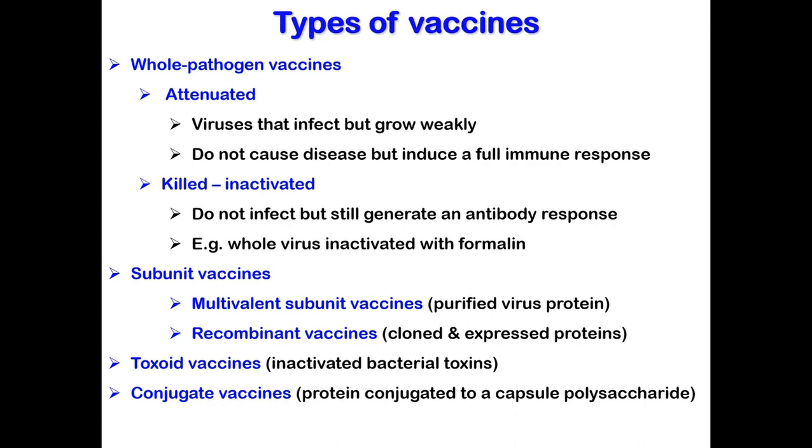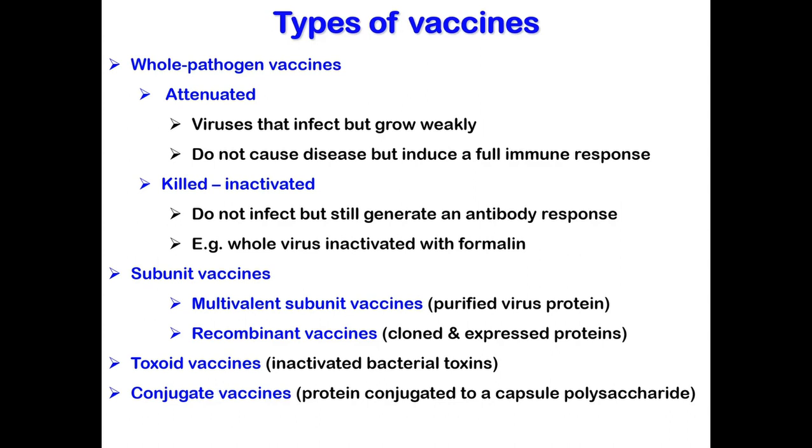So now if we look at subunit vaccines, in contrast to the whole pathogen vaccines, the subunit vaccines only expose the patient to the key antigens of the pathogen, not the whole cells or viruses. And these subunit vaccines can be produced in two main ways. The first way is by chemically degrading the pathogen and isolating, purifying its key antigens, or the antigens can be produced through genetic engineering.